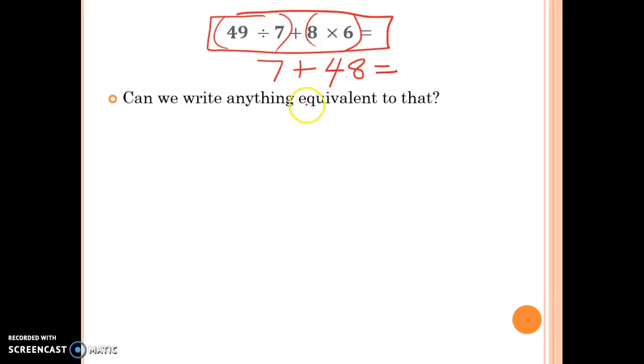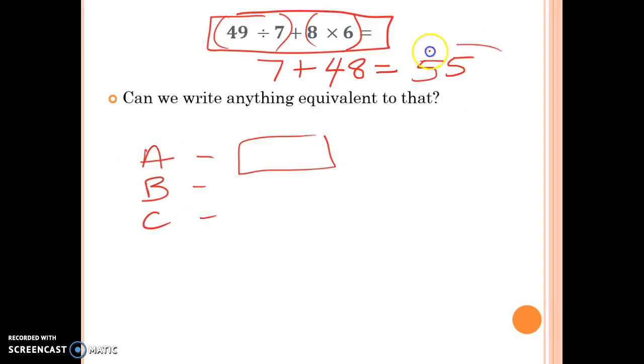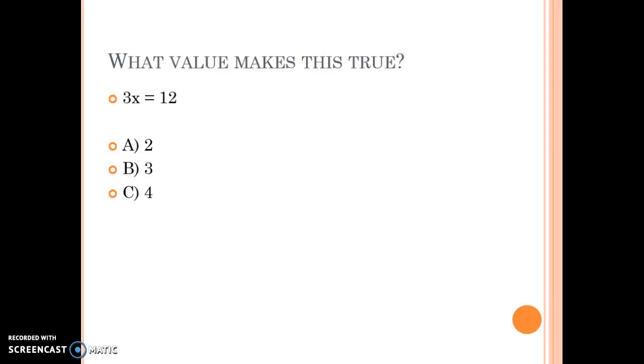I know that this statement here is equivalent to 55. If we have options A, B, and C, we can simplify each of those options, and if they are equivalent to 55, it is an equivalent statement. There are a couple of other strategies, but this is one that you may use to determine the correct answer.